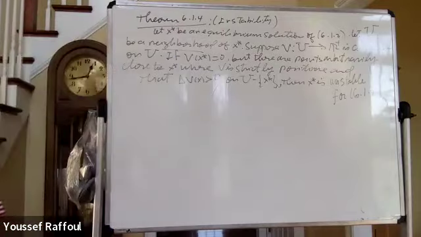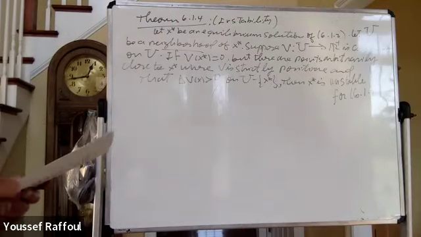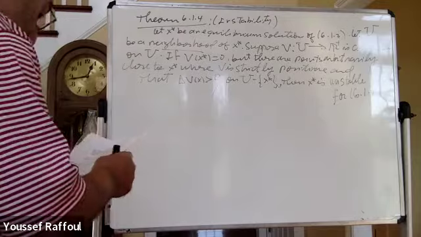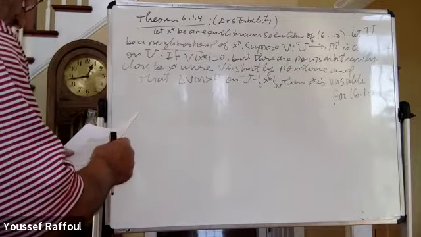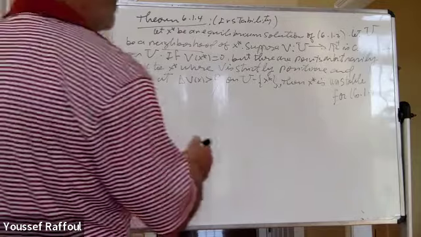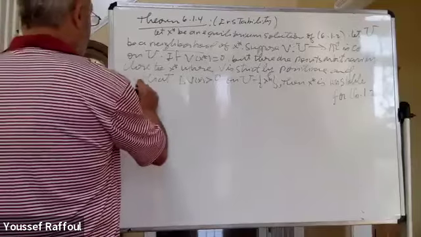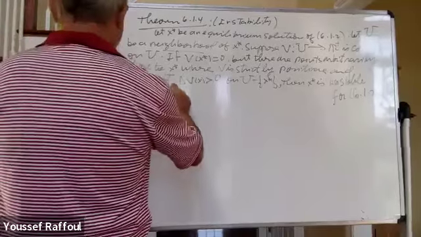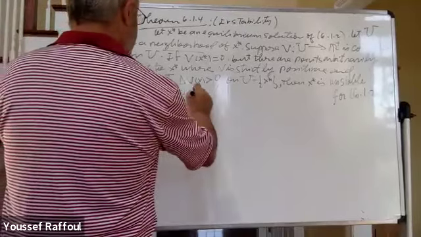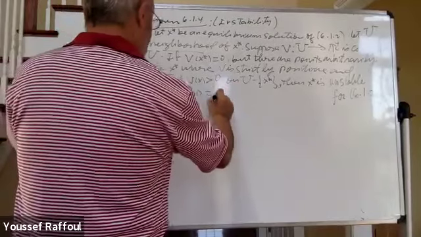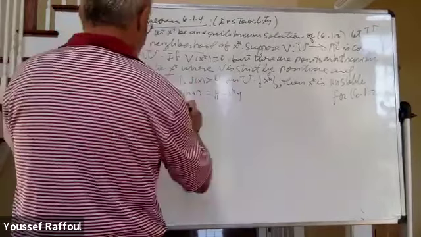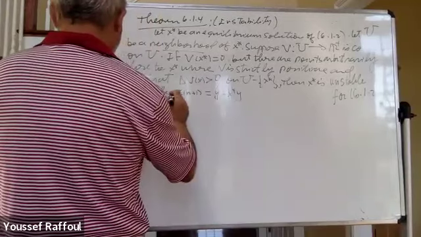Okay, so let's do an example and see how things work. Here's an example. So we're going to have x(n+1) equal y minus x^4 y. We are suppressing the n.